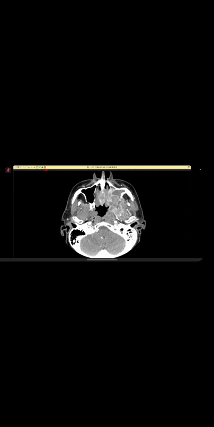Okay. So the mastoid air cells, there is mild to moderate left-sided mastoiditis, and I can see an enhancing mass in the region of the left maxillary sinus. So let me scroll through the images.